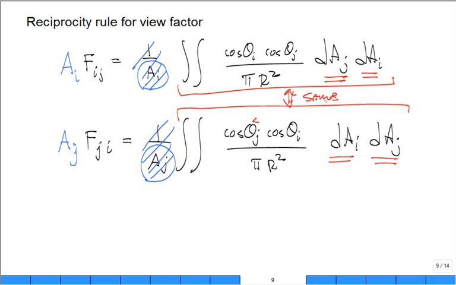There is now the reciprocity rule. The area i times the view factor from i to j is equal to the area j times the view factor from j to i. In certain cases, Fij equals Fji, but that's not very common. It's more rare that the view factors are equal. But it's always true that the area-F product is equal.